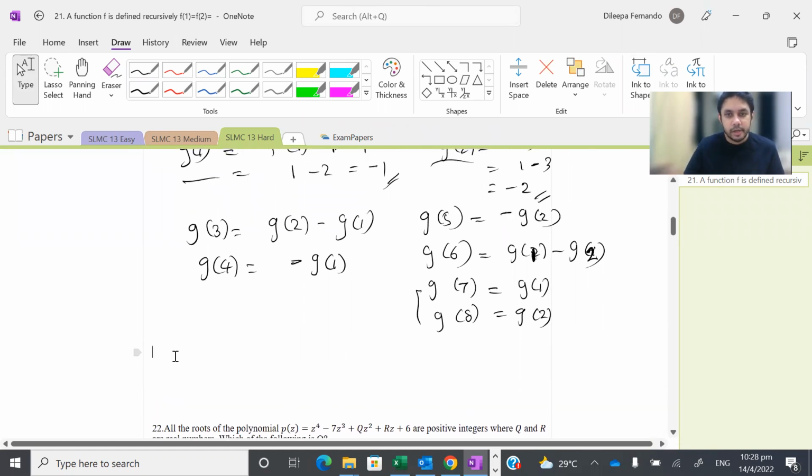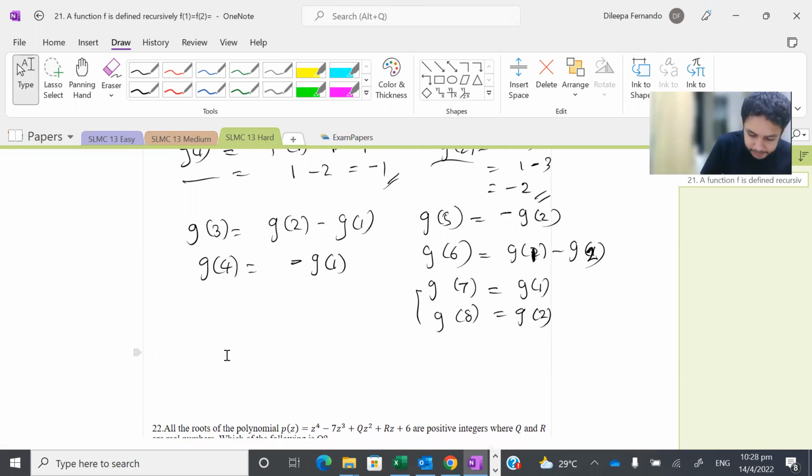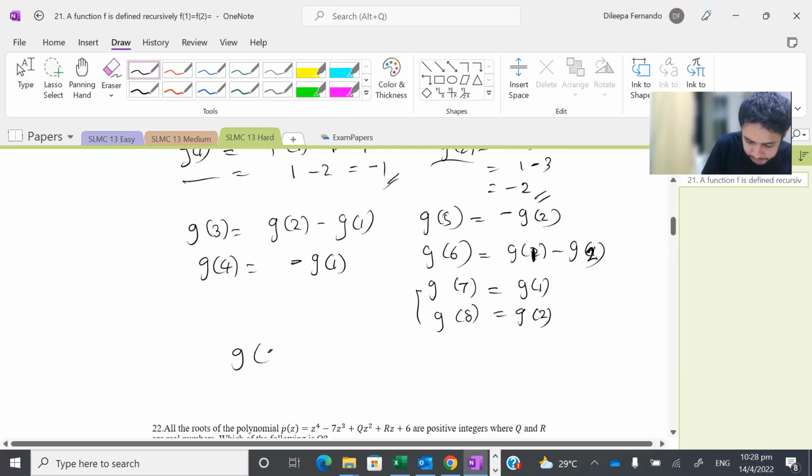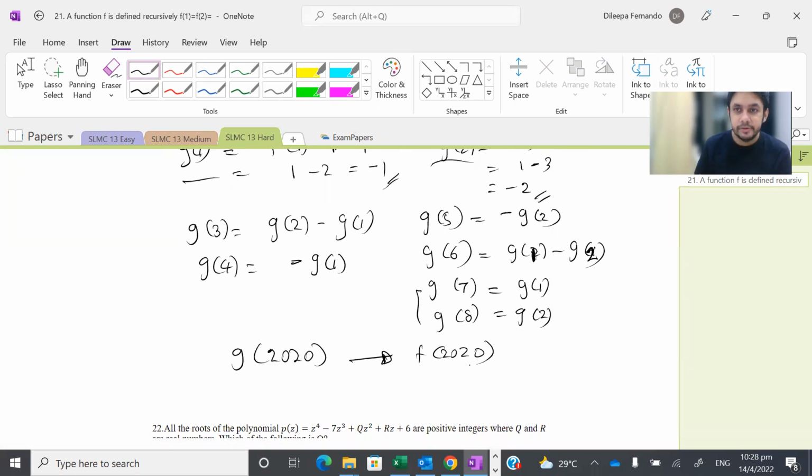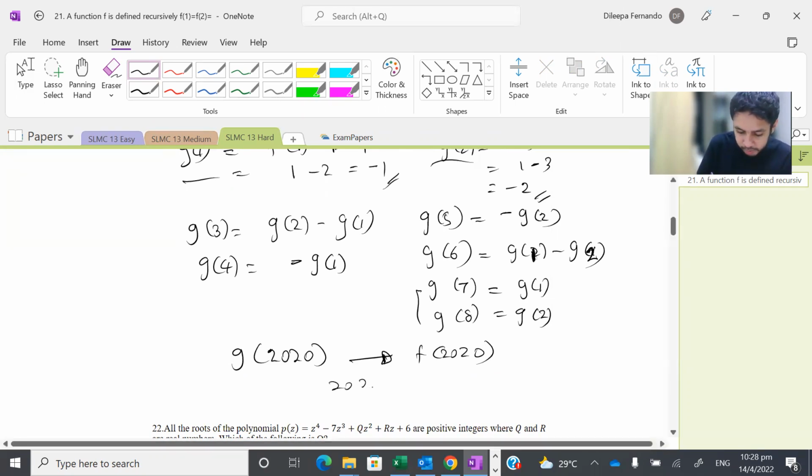Okay. Now what we can do is very straightforward. You find G2020 and then deduce F2020. So you know that this has a period of 6. That means we have to find 2020 mod 6.